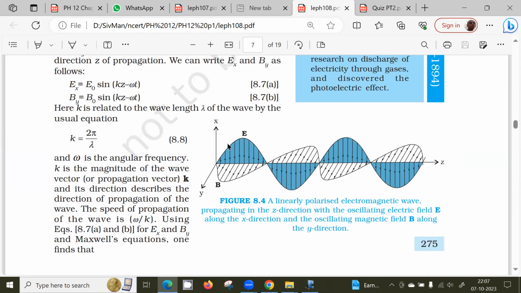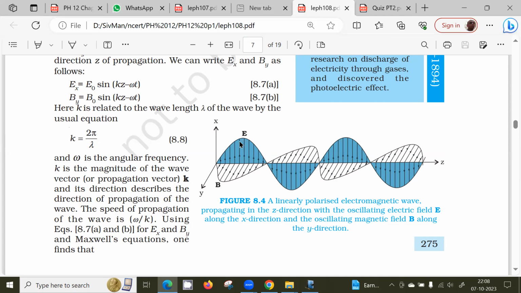Electric field is in the x direction: x-axis upwards, y-axis out of the plane of the paper, z-axis towards the right. So it's vertically upwards, here downwards, basically along the x-axis.